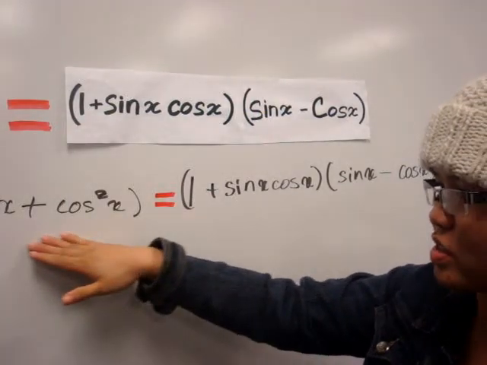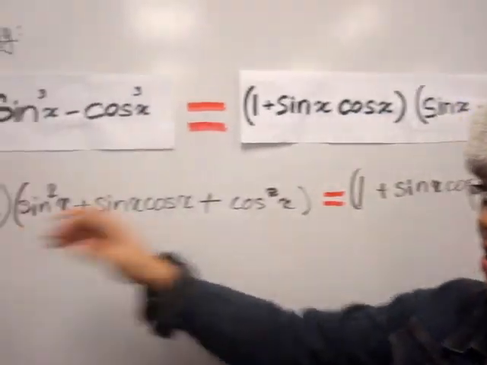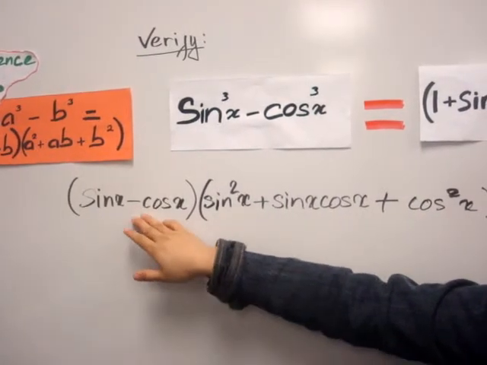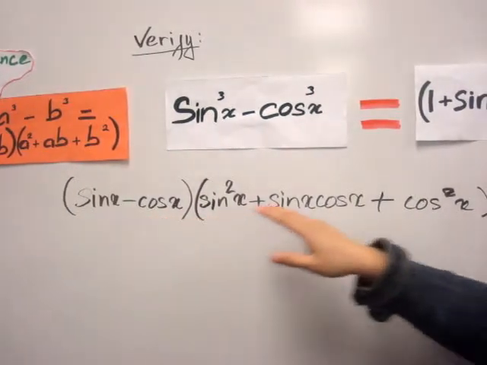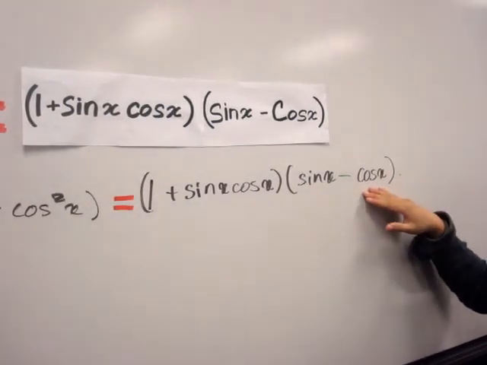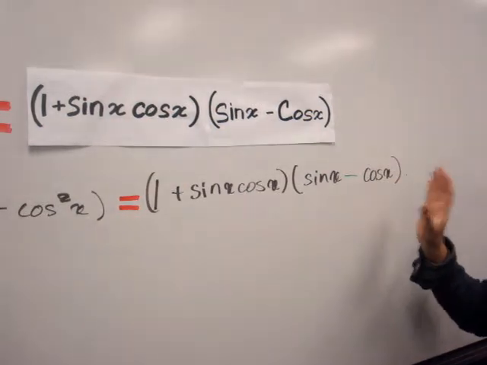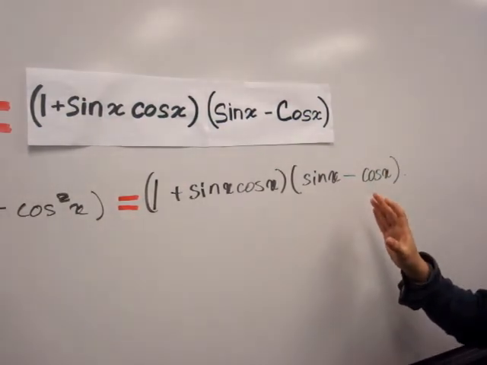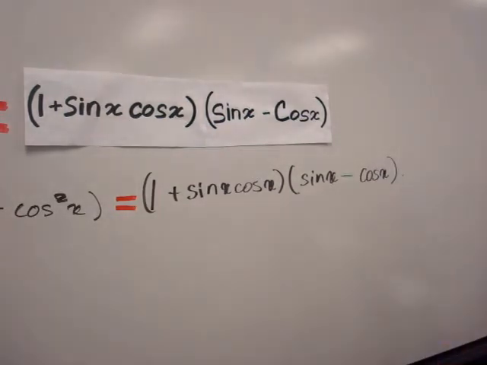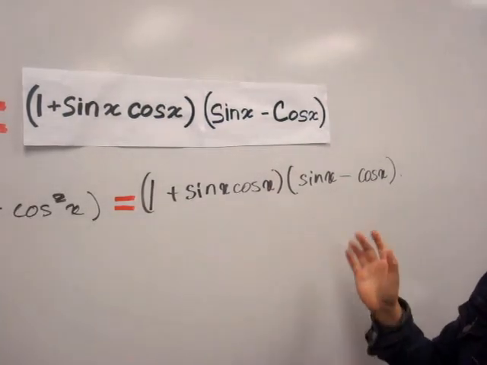And we're going to come back to the left side. We see sine x minus cosine x, and on the right side we have sine x minus cosine x, and they are both the same. I will keep it, and I will not do anything with this.